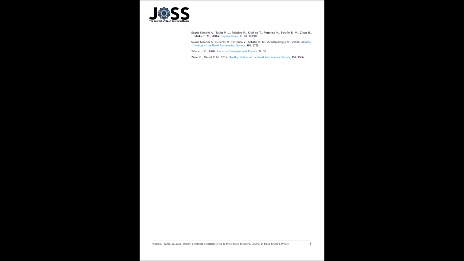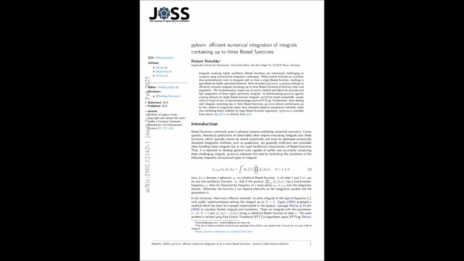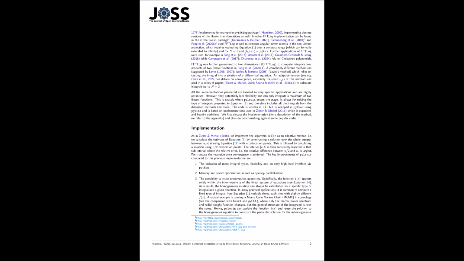It wins big time. It's not only way faster, it's also much more accurate when the arguments of the Bessel function get large. So it really shows you the power of using a specialized tool like pylevin for these types of integrals. You've got to use the right tool for the job. A total knockout victory. Pylevin takes the crown. It's defeated the specialist and the generalist. It's the champion.